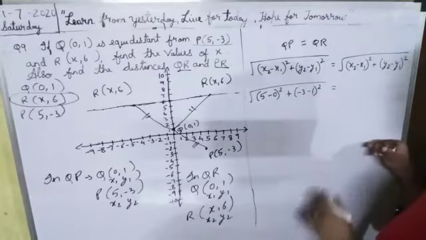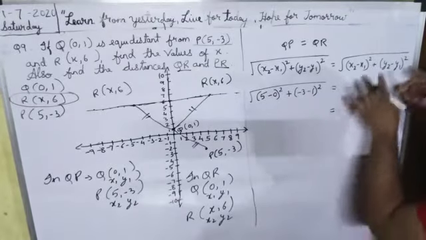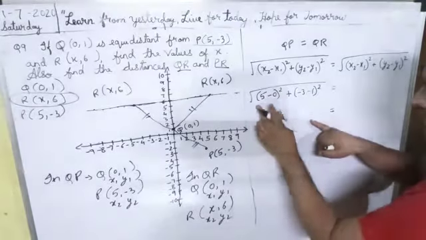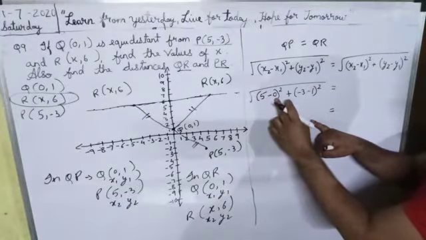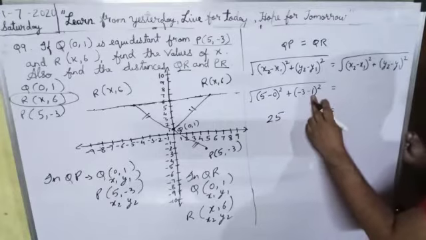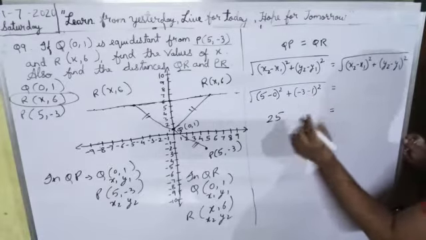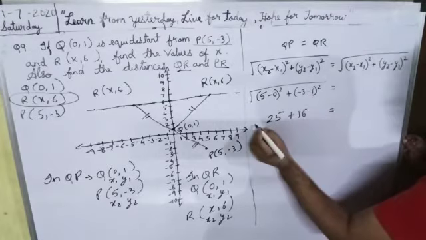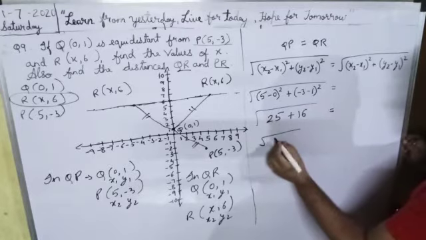First we simplify this side. 5 minus 0 is 5, 5 square is 25. -3 minus 1 is -4, and -4 square is 16. So QP is root of 41.